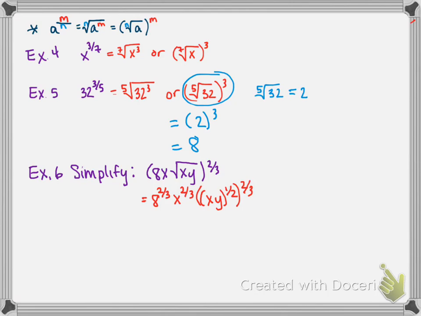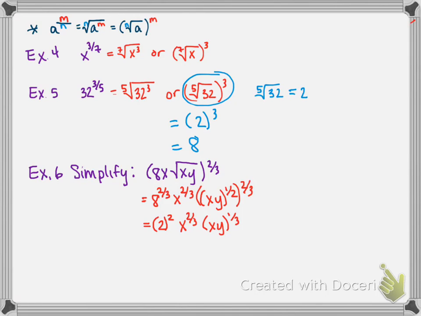8 to the 2/3 power, the cube root of 8 is 2, so that becomes 2 squared. X to the 2/3 power. Okay, when I'm raising a power to a power, I multiply my exponents. So 1/2 times 2/3 is equal to 1/3.